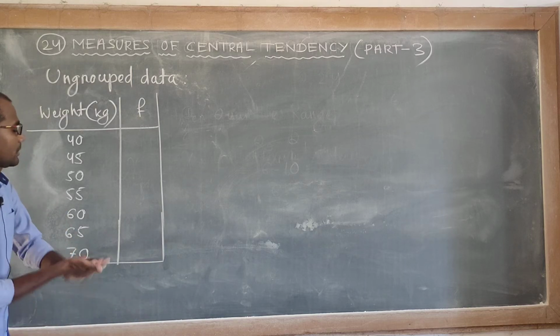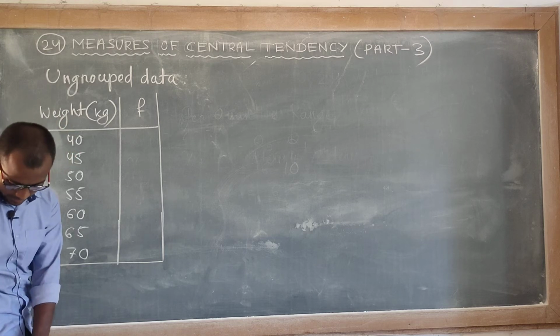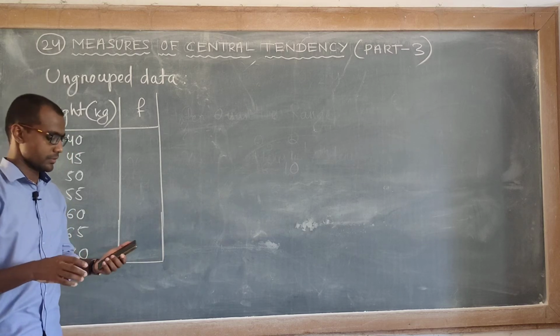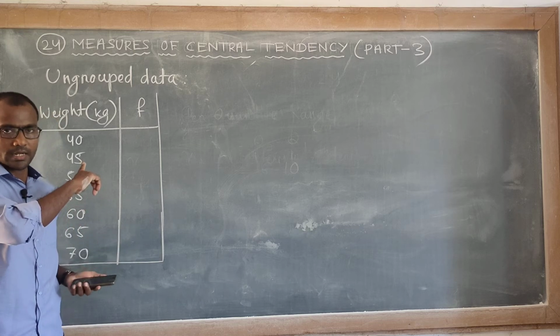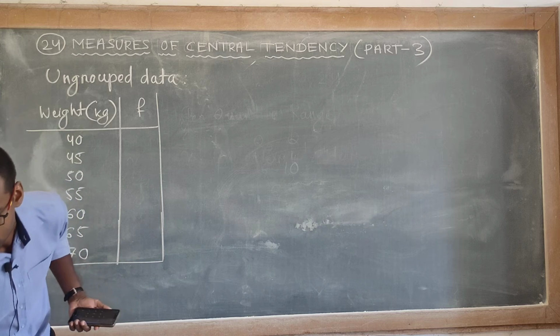Now let us take the number of students. This time I will take an odd number of students. In the last example of untabulated data I took even, so this time I am going to take odd.